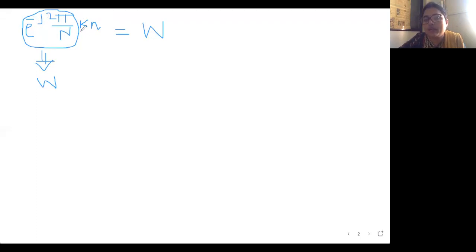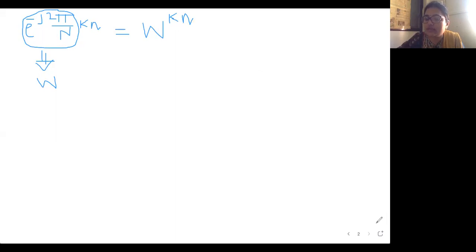So what will remain? kn is remaining, so I am writing kn here. I have just substituted the exponential part with W, where W is e raised to minus j 2 pi upon n, and the remaining part is kn. These are the variables. We know that k varies from 0 to n minus 1, and n varies from 0 to n minus 1.